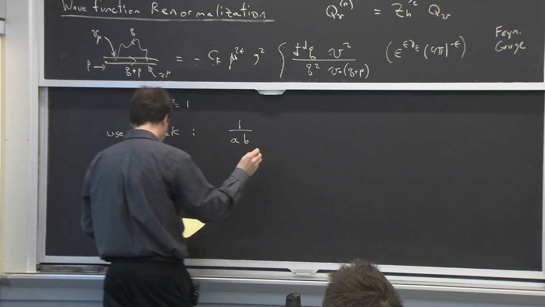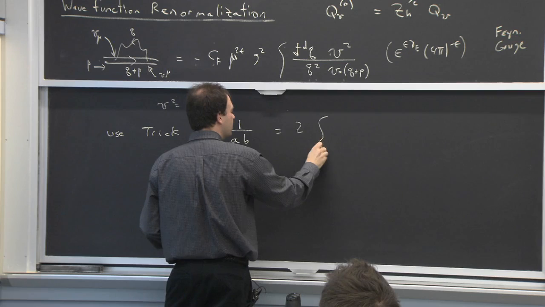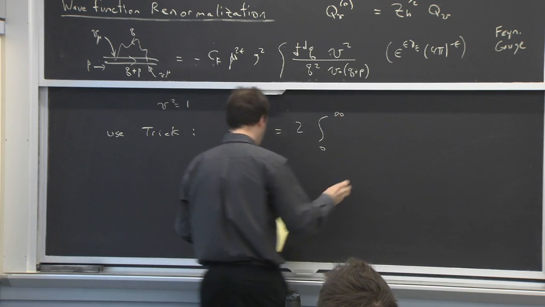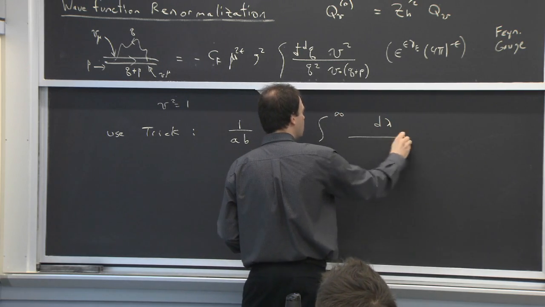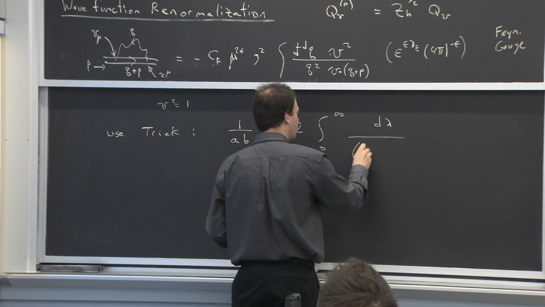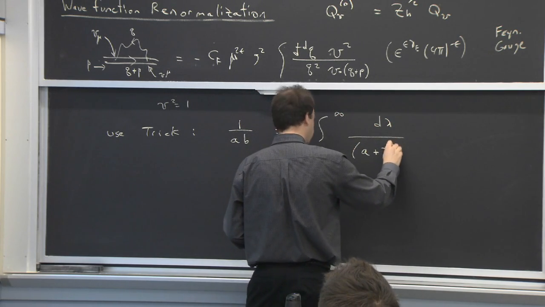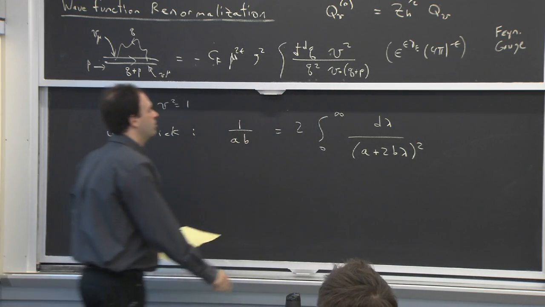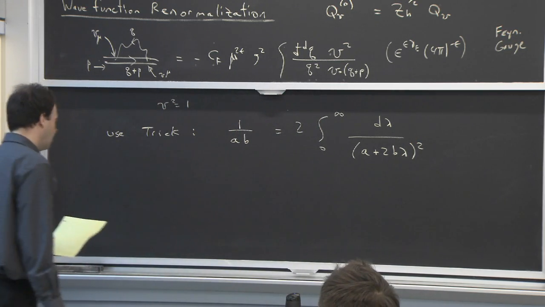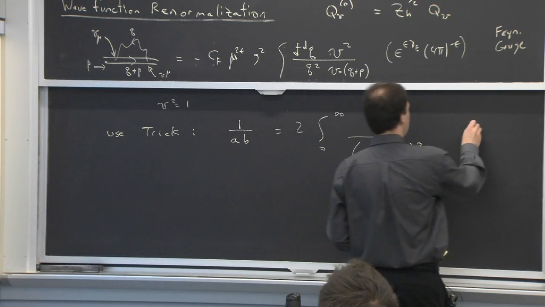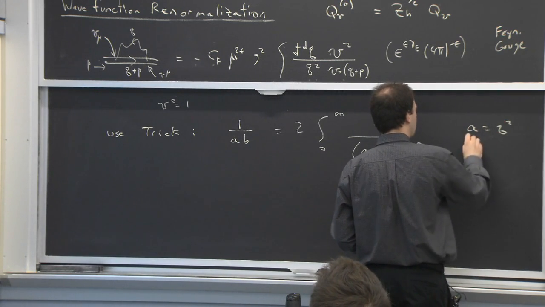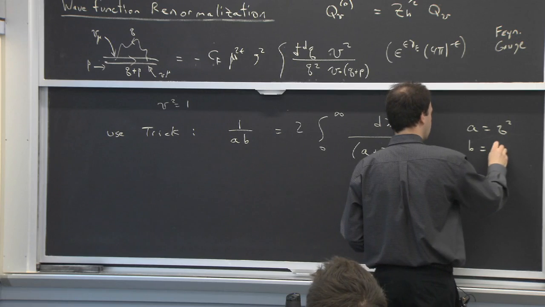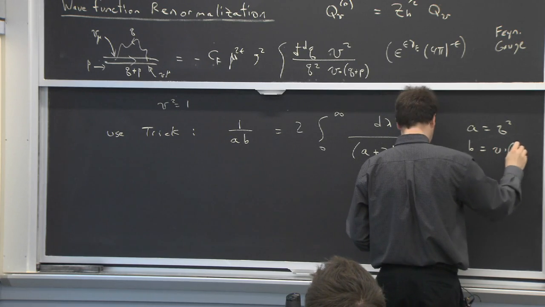It's very similar to the Feynman trick, but slightly different. So you use an integral that goes from 0 to infinity, and you can convince yourself that this is true. And so then set A equal to q squared and B equal to v dot q plus p.